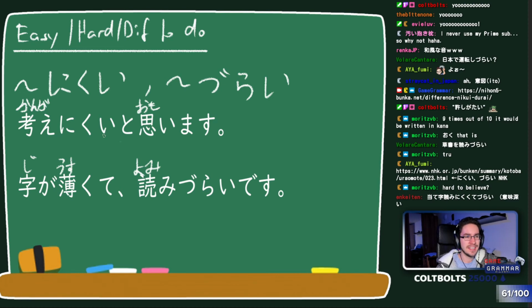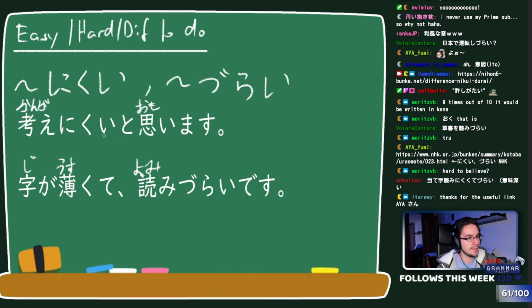You're like, that's hard to believe. It is objectively a leap of logic to think that way. You can also use 考えにくい as in it's hard to consider. So, for example, you say, maybe it was that person who did something, or like 考えにくい, that's hard for me to consider that, something like that.